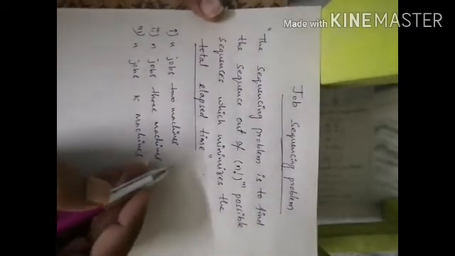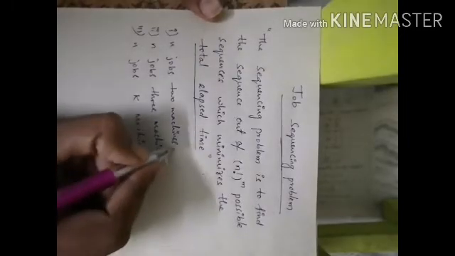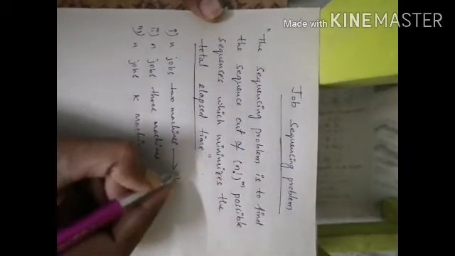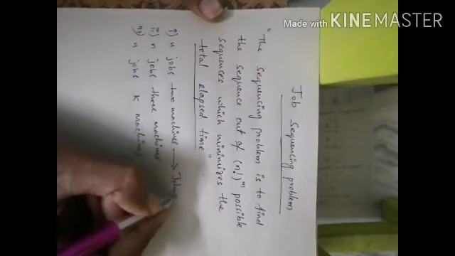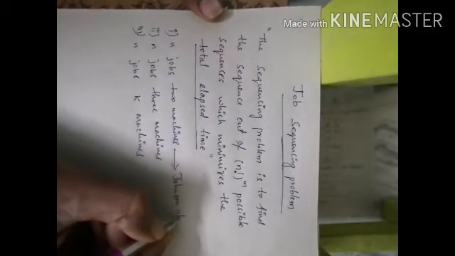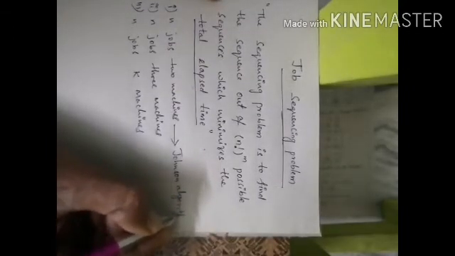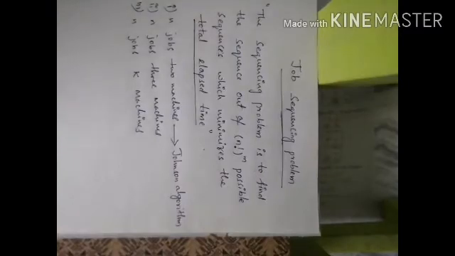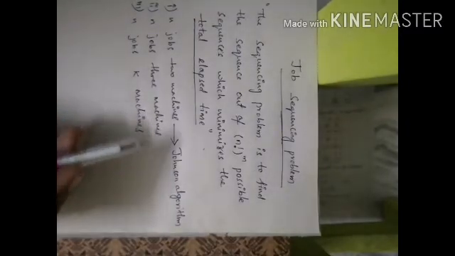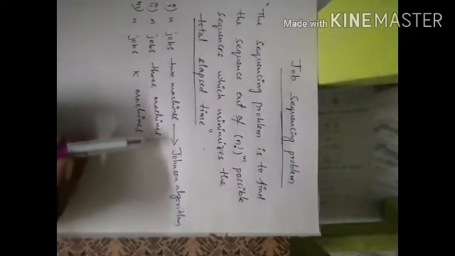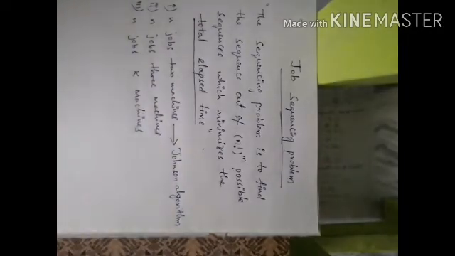The n jobs, two machines problem can be solved by using the Johnson algorithm. The n jobs, three machines problem also uses the Johnson algorithm, with some modifications, and n jobs, k machines also use the Johnson algorithm.